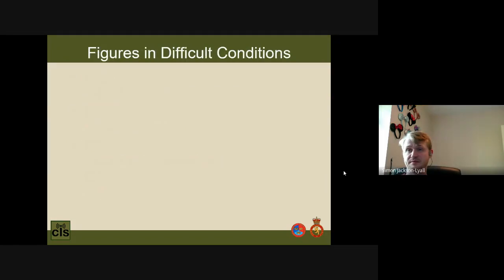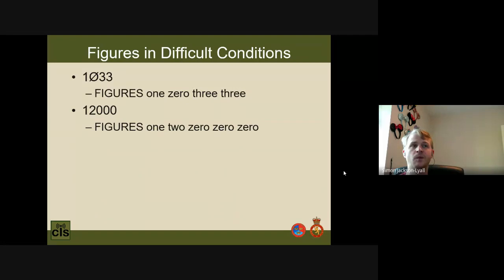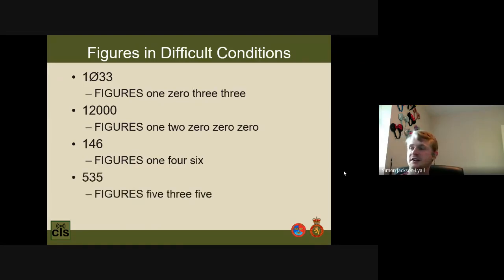535. If we're working in difficult conditions, though, then we're obviously going to have to say them out digit by digit. So this example, if you're working in difficult conditions, you'd say figures 1033. Figures 12000. So obviously that's going to take longer to transmit, but by breaking it up, it's more likely that the receiving station is going to fully understand the figures that you're transmitting.